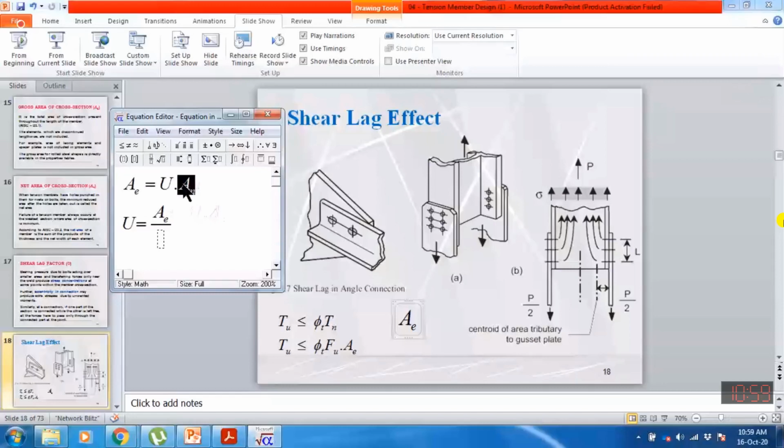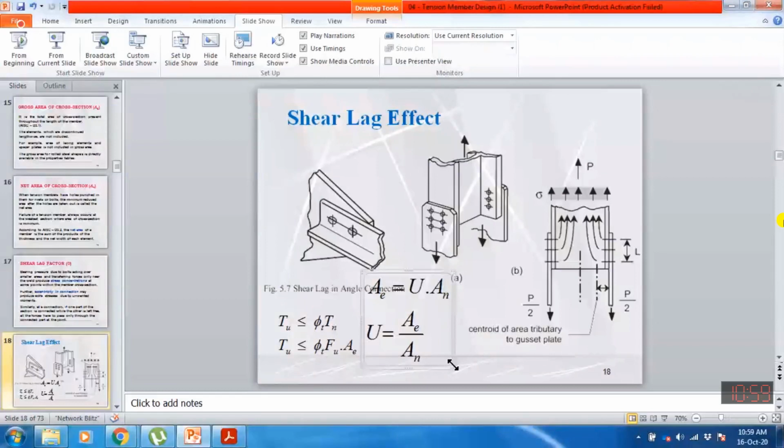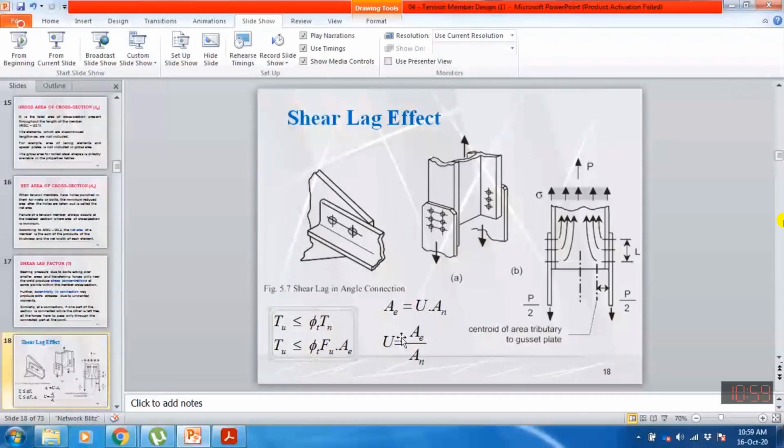So actually this capacity is, we don't use the net area, rather we use an effective area. And why we use this area, I will explain. So U is the shear lag factor, which is always less than 1.